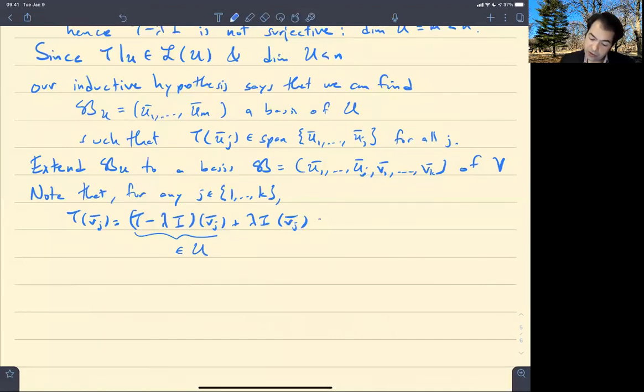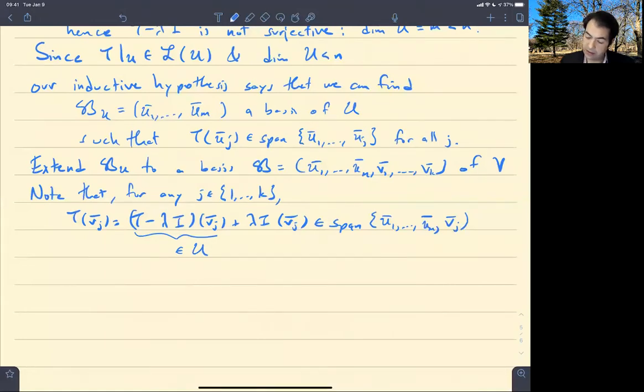So I know that this is inside the span of, well, to get all of U, I just need u1 through um, and then I just need to throw in the vector vj.